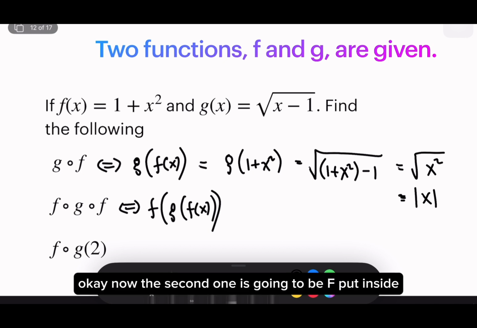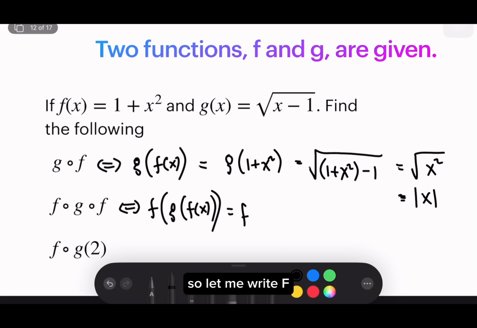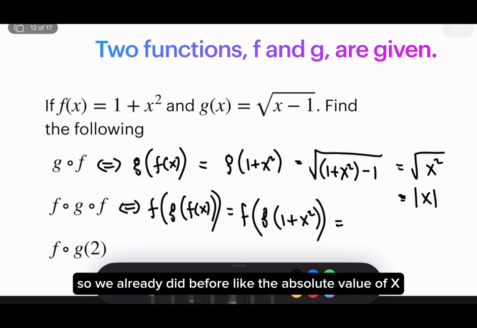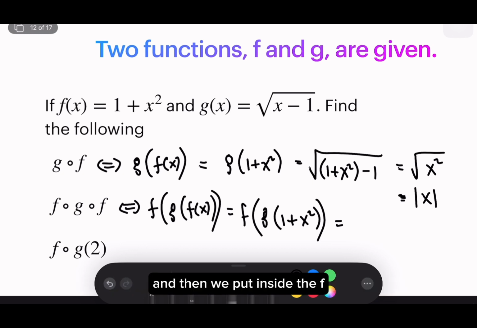Okay, now the second one is going to be f put inside g. So let me write f. We already did before, like the absolute value of x, and then we put inside the f.